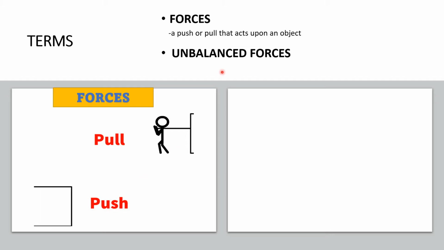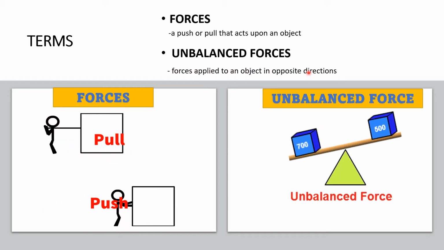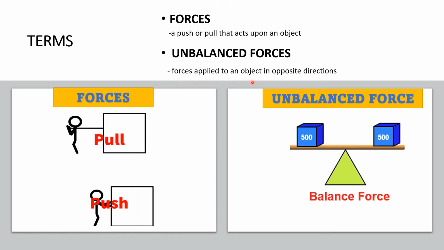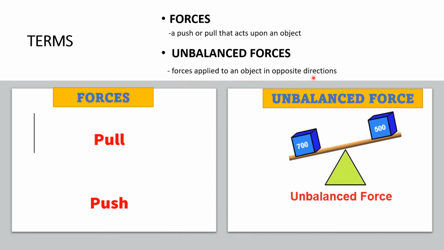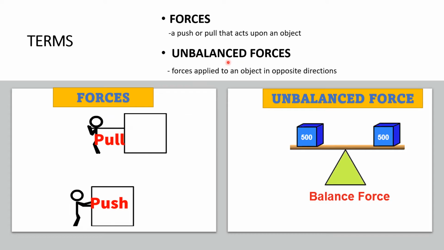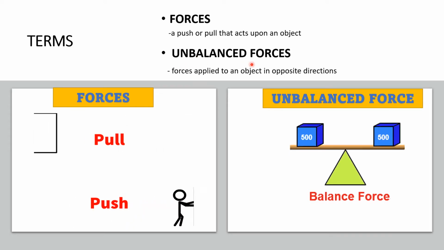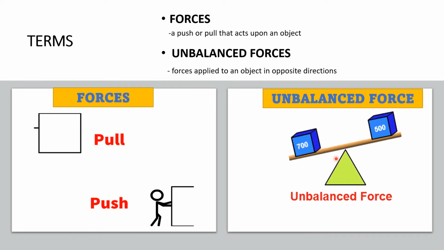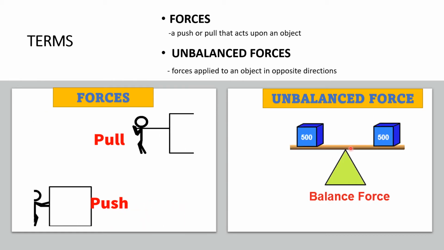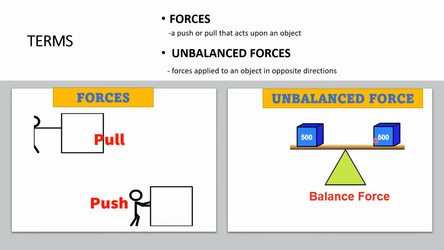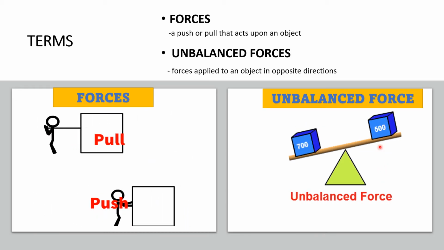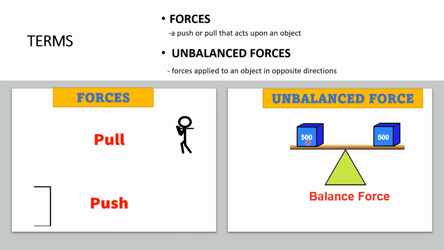How about unbalanced force? When we say unbalanced force, these are forces applied to an object in an opposite direction. But from the word unbalanced itself, meaning the forces acting on the object are unbalanced. Let's say in this example, I have here an object. We have here 500 Newton going down, the weight of the object, and another 500.